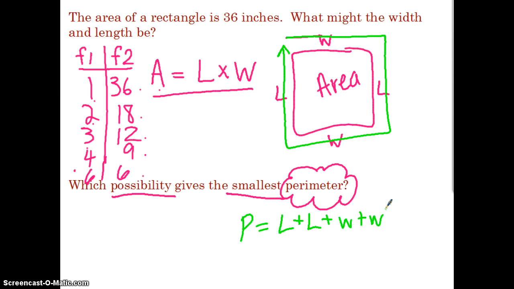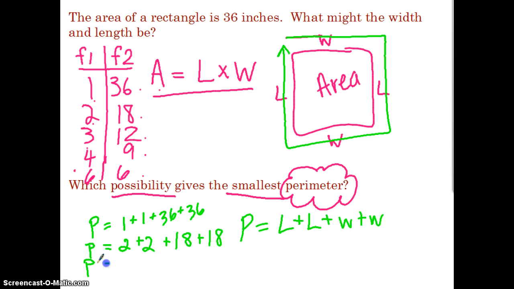So if I am doing the 1 by 36, I'm going to plug in 1 2 times, because I've got to consider that there are 2 lengths, and then I'm going to consider that there are 2 widths. So this is what the formula is going to look like for solving that unknown. If I'm doing the perimeter formula for 2 by 18, perimeter equals 2 plus 2, because there's 2 lengths that are 2, and I'm going to consider that there are 2 widths, so I need to have 2 18s.